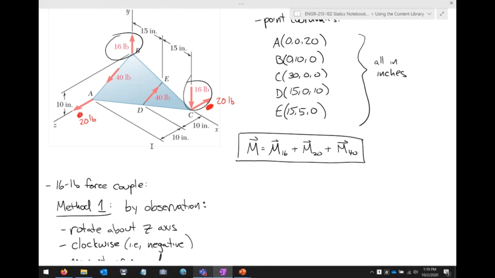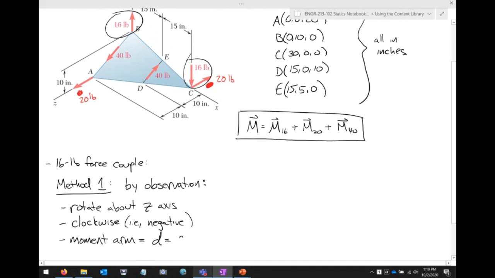30. It's 30 inches. So we take the full distance between those two forces. So I propose then that Fd, and for now we're just going to do the magnitude, is 16 pounds times 30 inches, and 16 times 30, that's 480, and we'll write that as inch-pounds.